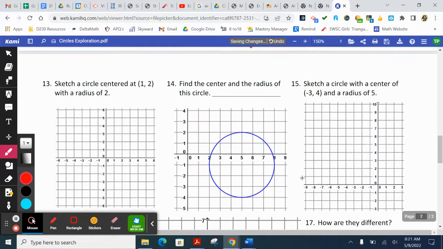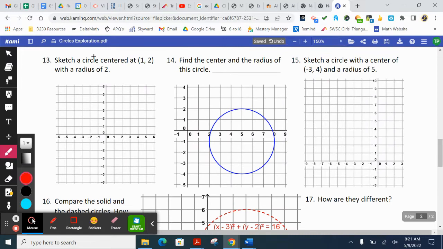All right, next page. Do number 13. Sketch a circle that's now centered at 1, comma 2 and has a radius of 2.